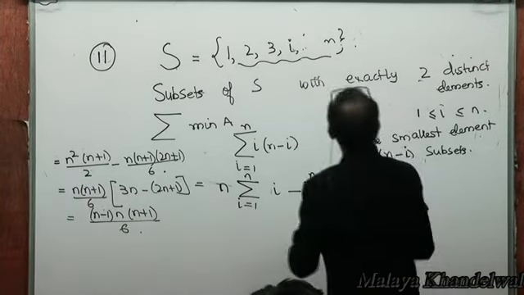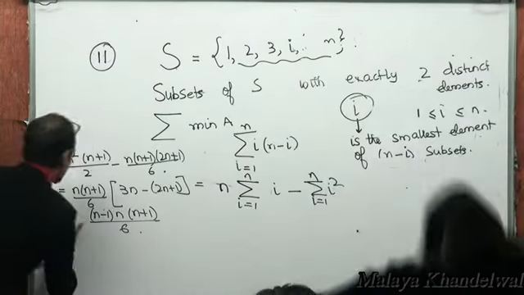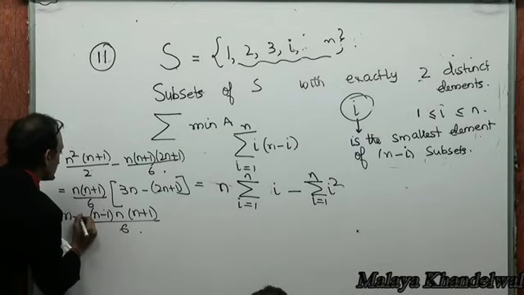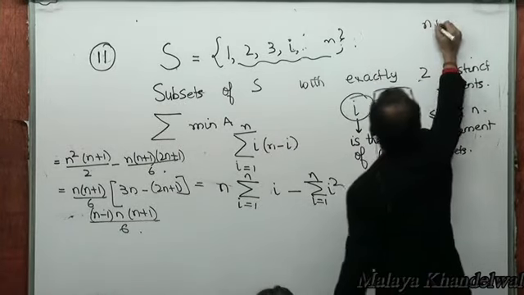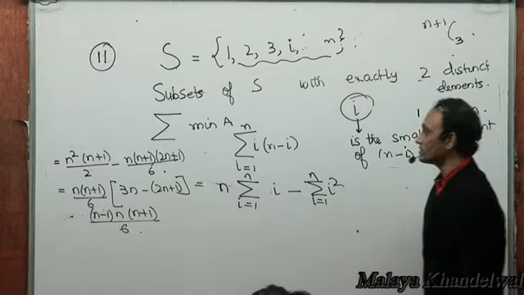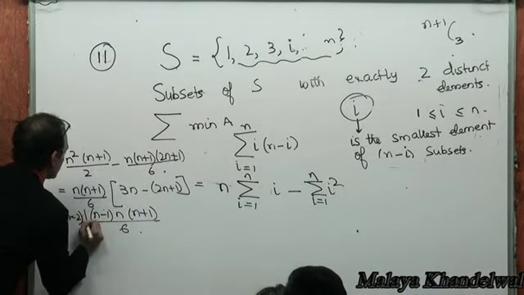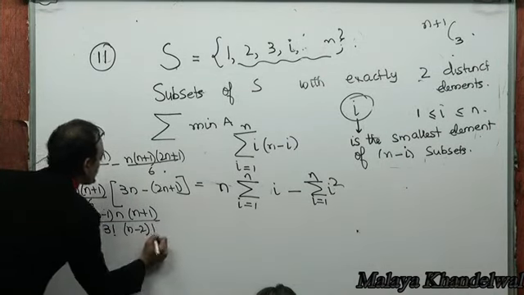Can it be reduced? This is n plus 1. If I multiply with n into n minus 1, so n minus 2 factorial, is it n plus 1 C 3? Yeah, it is n plus 1 C 3. Because if I multiply with n minus 2 factorial, this will become 3 factorial, n minus 2 factorial.